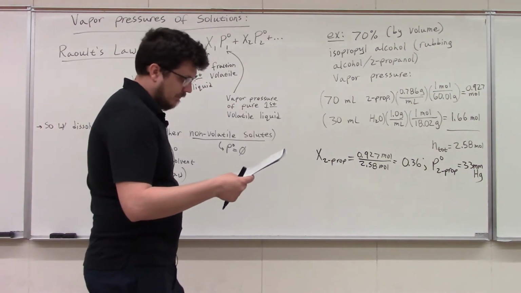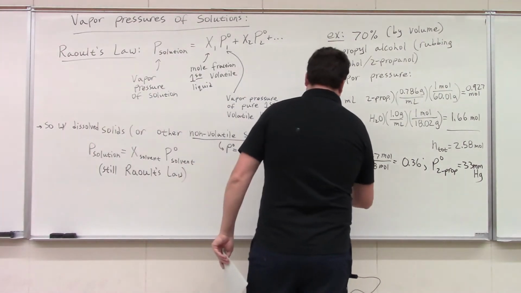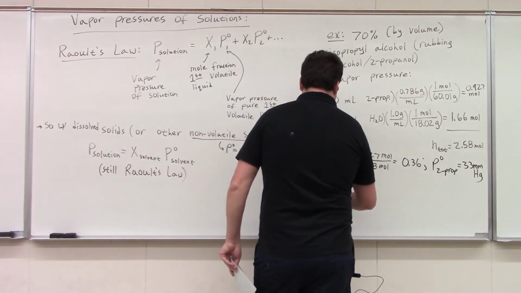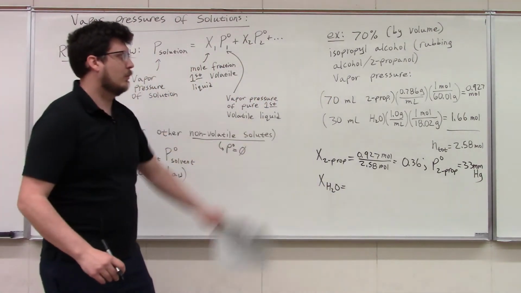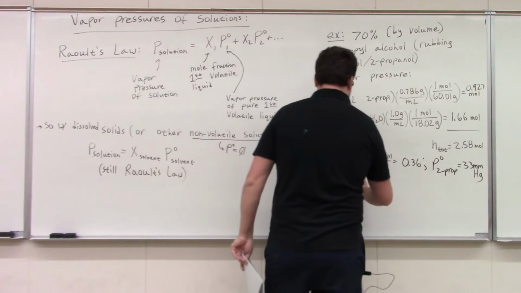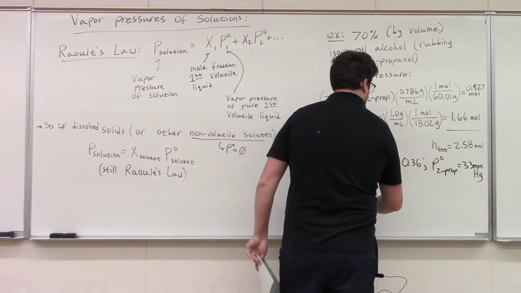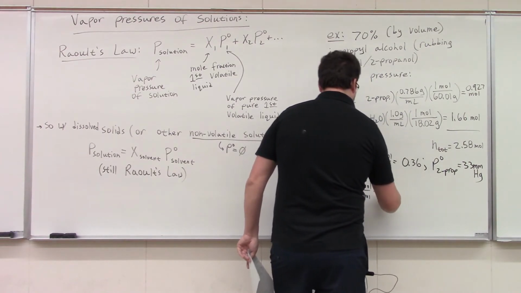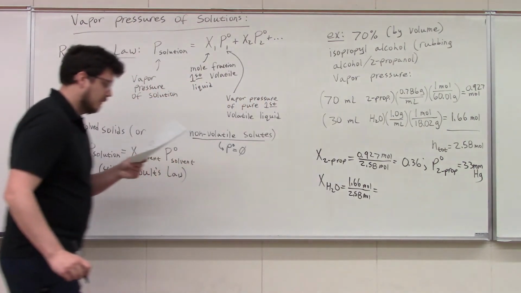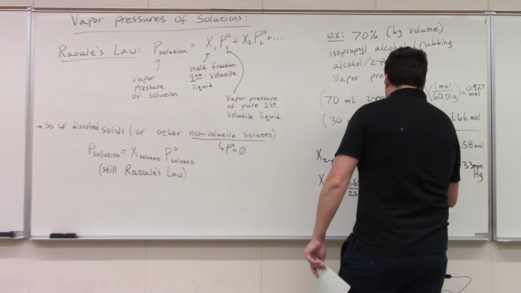All right, so the mole fraction of water, that's what we're going to calculate next. So our X of H2O, and we just do the same thing. So it'll be 1.66 divided by 2.58 moles. All right. And you just punch it up in the old calculator and you get 0.64.